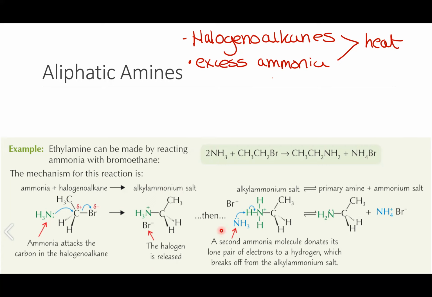Then we can go into a reversible reaction. Our alkyl ammonium salt can become a primary amine and an ammonium salt. A second ammonia molecule, and this is why this reaction has to take place in excess ammonia, donates its lone pair of electrons on the nitrogen to a hydrogen on the molecule, and that hydrogen breaks off from the alkyl ammonium salt.